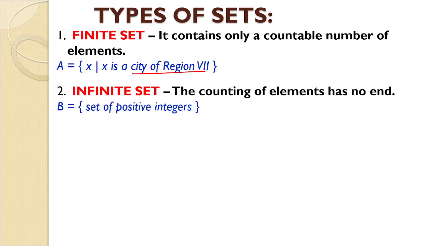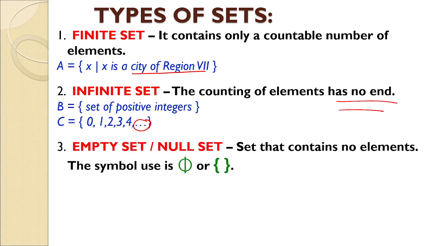It has no end. Okay? Next. 0, 1, 2, 3. Infinite set gihapon na. Kining tulo ka dots, nagpasabot na siya nga mo continue, so on and so forth. It denotes infinity.